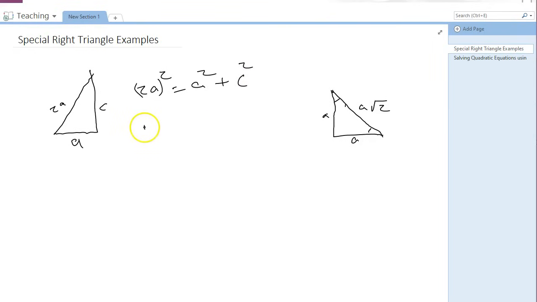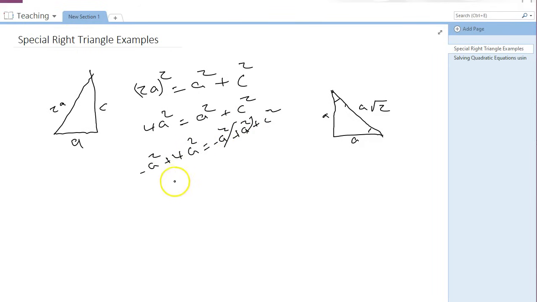Okay, so we got 4A squared equals A squared plus C squared. Take this A to the other side, or we can say minus A squared to both sides. Minus A squared plus 4A squared equals minus A squared plus A squared plus C squared. These two will cancel out, and this becomes 3A squared equals C squared.